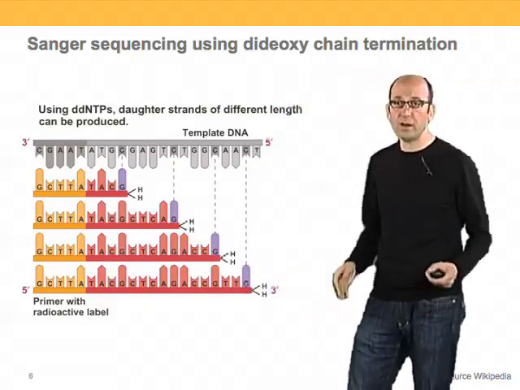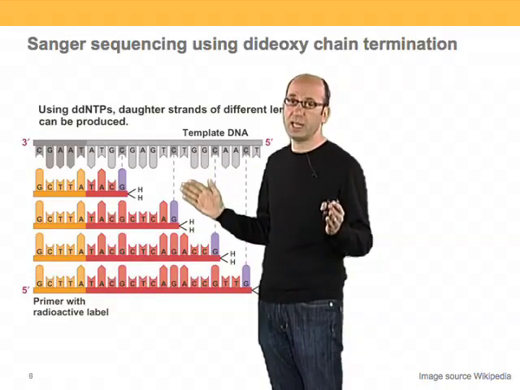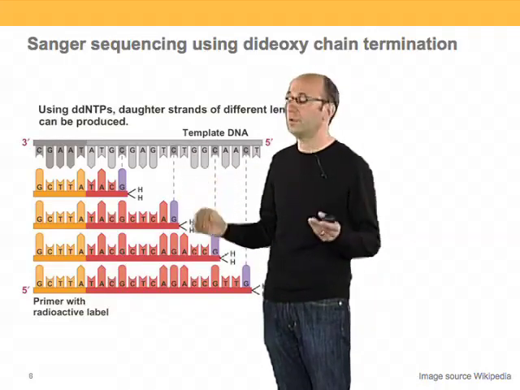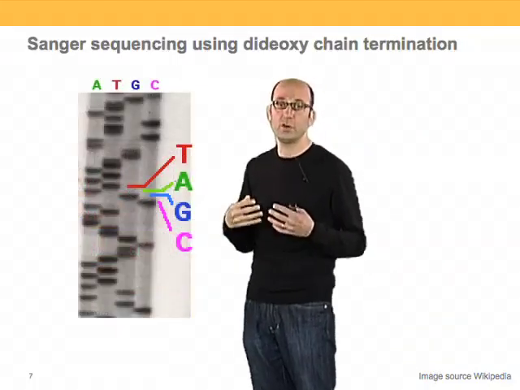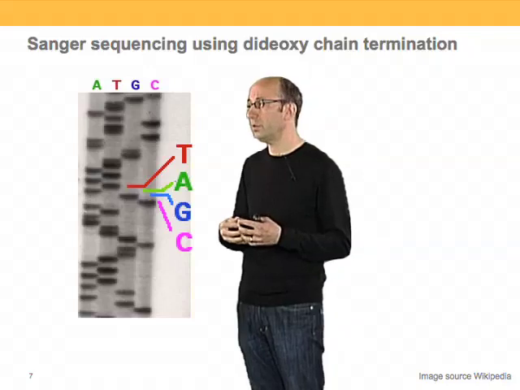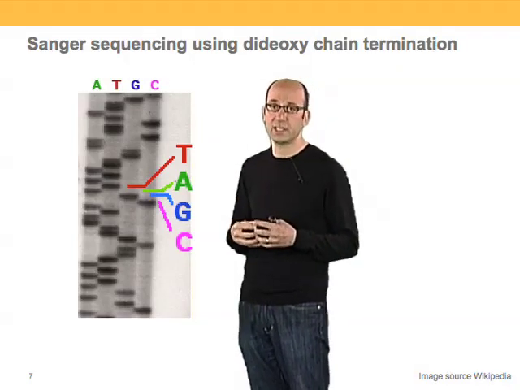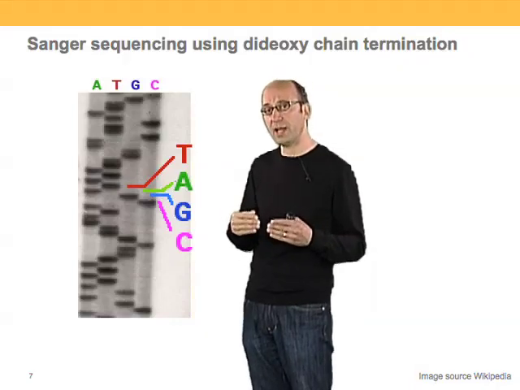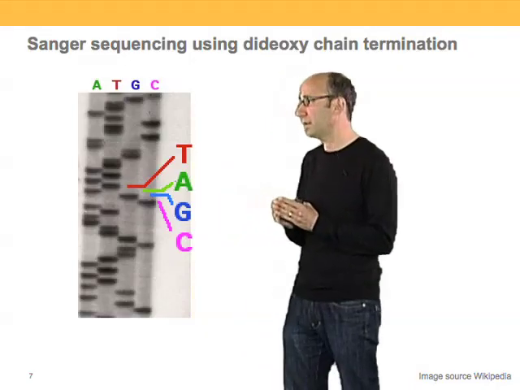This was then paired with a method for separating the pieces of DNA based on size and reading this out. Sanger was then able to pair this approach of termination with dideoxy nucleotides with a method called polyacrylamide gel electrophoresis that allowed him to separate the different pieces of DNA on the basis of their size.